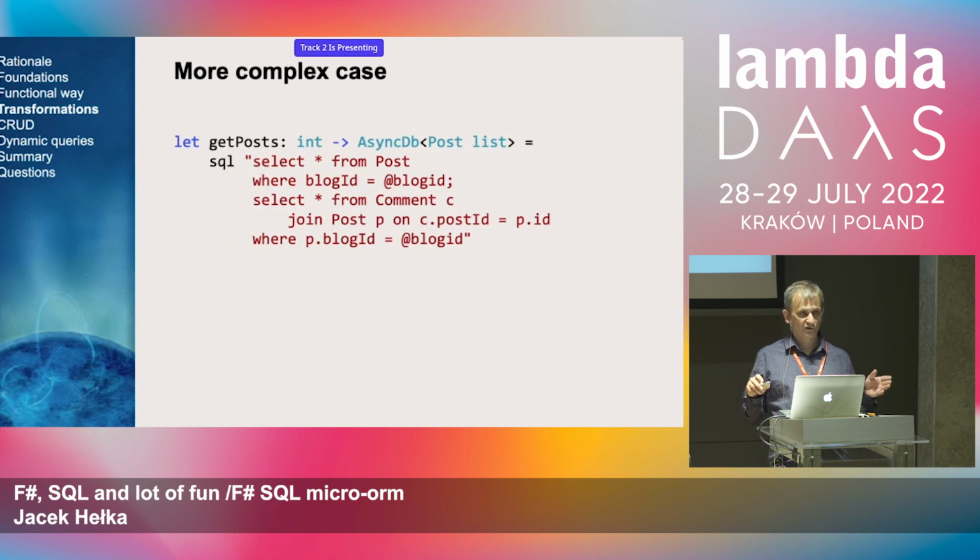So there are, of course, much more complex cases. For example, we can have a list of parent objects and a list of child objects, and want to combine them some way.